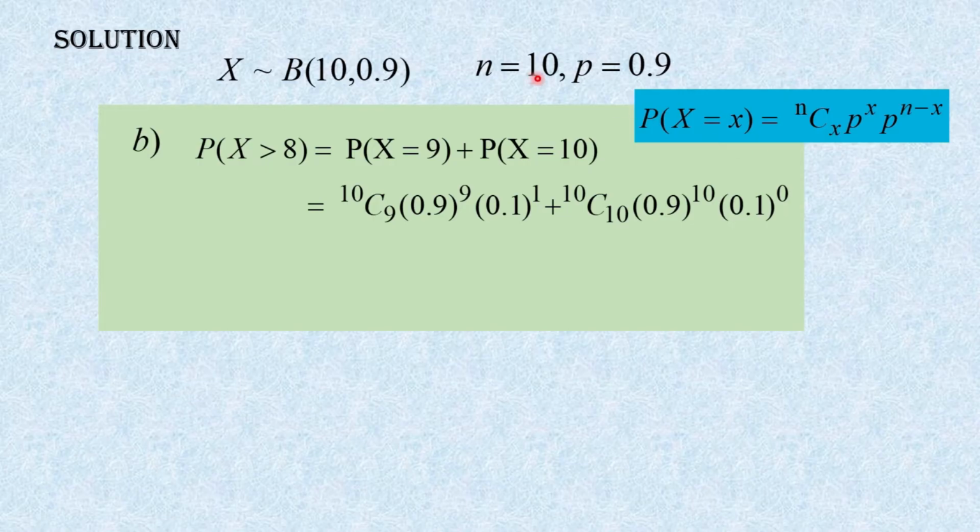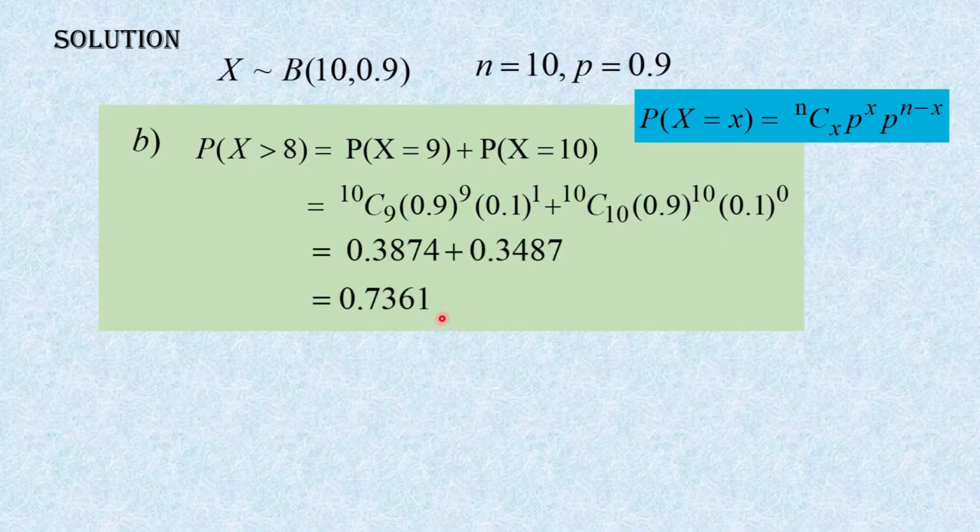The values for n and p are still the same. Therefore, we get 10C9, 0.9 to the power of 9, 0.1 to the power of 1, plus 10C10, 0.9 to the power of 10, 0.1 to the power of 0. Simplify, you will get 0.7361.